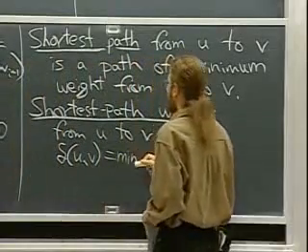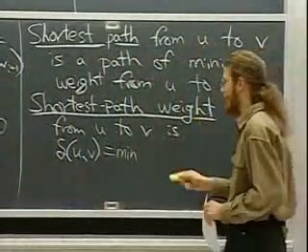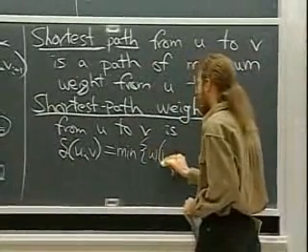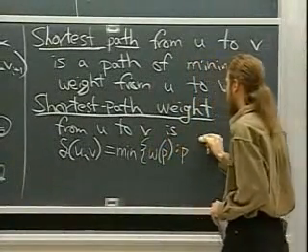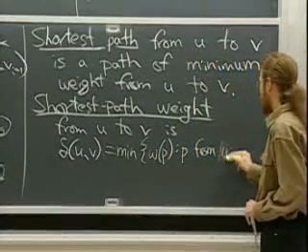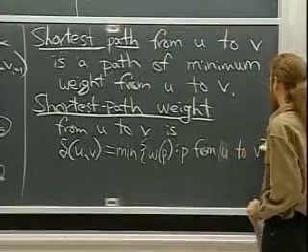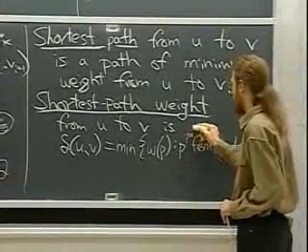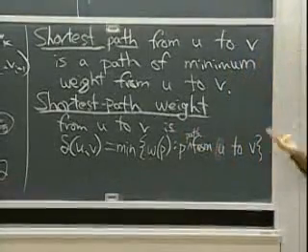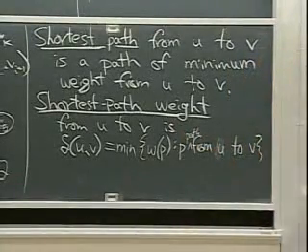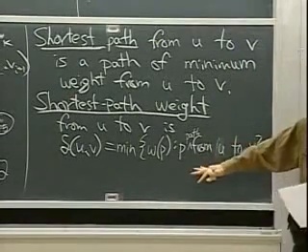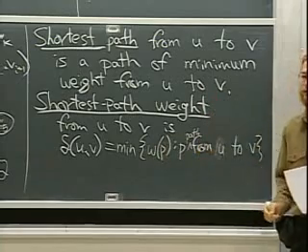So it's the weight of the shortest path, or weight of every shortest path, or in other words, it's the min over the weight of each path P from U to V. So P here's a path. Okay, so you consider exponentially many, there could be a lot of different paths. There could, in principle, be infinitely many if you're allowed to repeat vertices. You look at all those paths, hypothetically, you take the minimum weight.